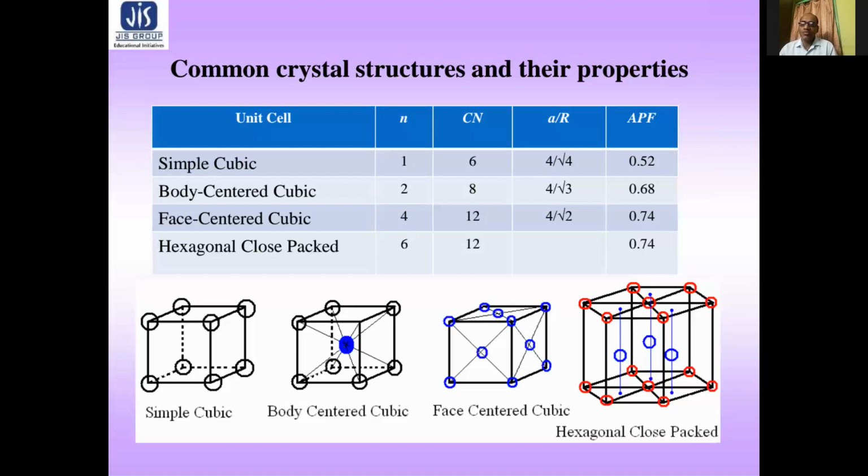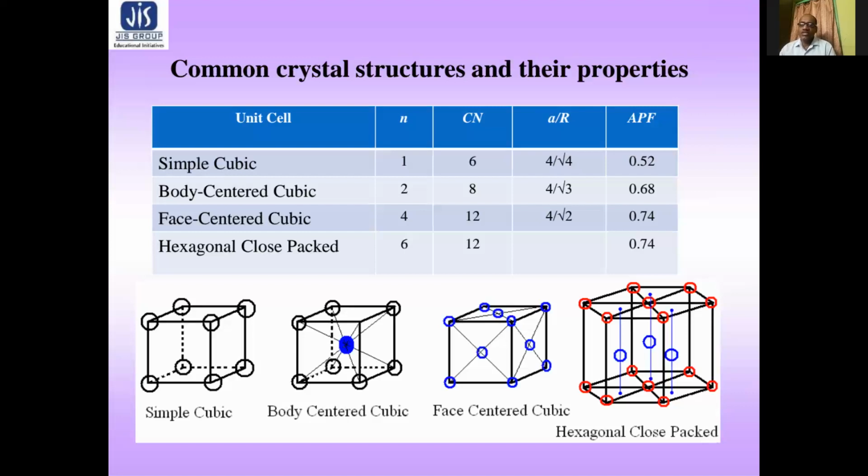In body-centered cubic, the average number of atoms is 2, the coordination number is 8, the relation between lattice parameter and radius is 4R by root 3, and the APF, the atomic packing factor, is 0.68.